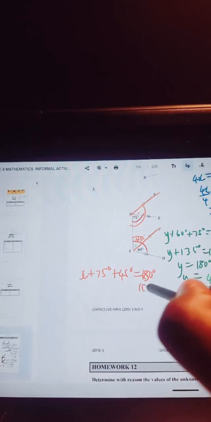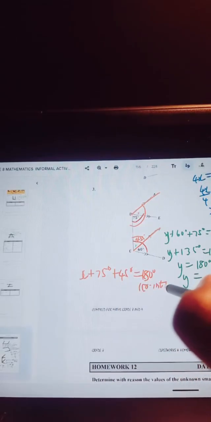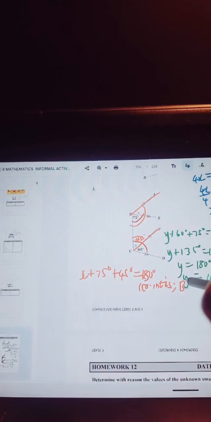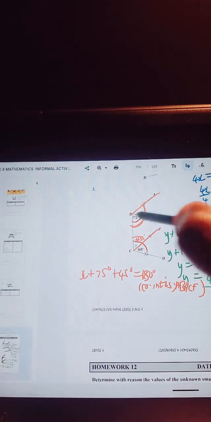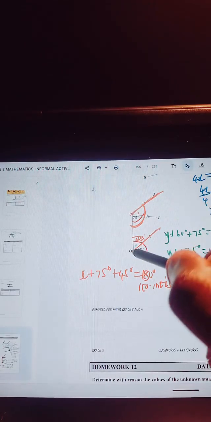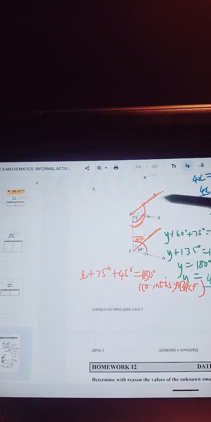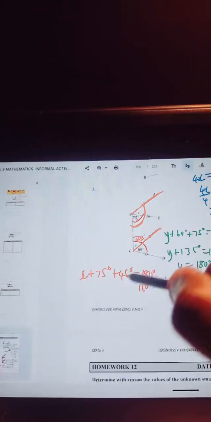Reason: co-interior angles, AB is parallel to CF. Very important: this x and this 75, this line and that line.